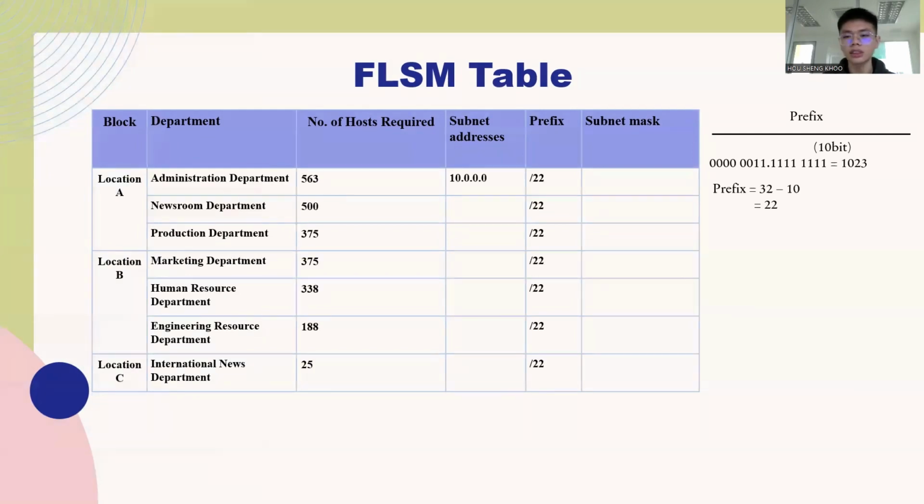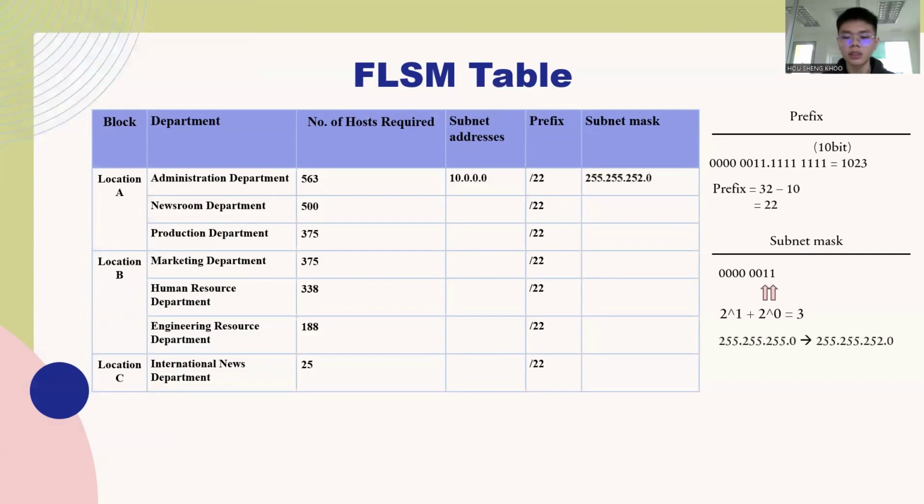After that, calculate the subnet mask. The subnet mask needs us to calculate all of the 1 values, so it is 2 to the power of 1 plus 2 to the power of 0, which is equal to 3. After that, we use 255 minus 3. So the result is 255.255.252.0, and so on.